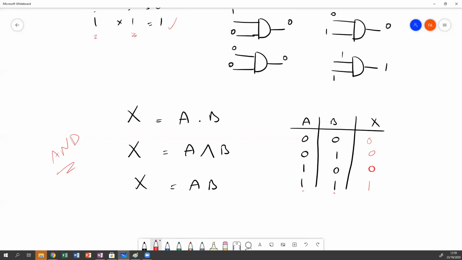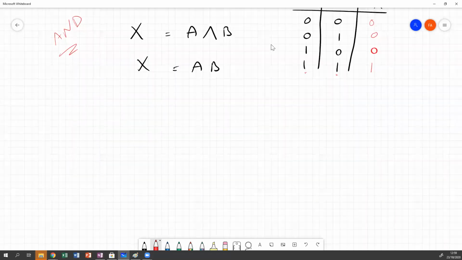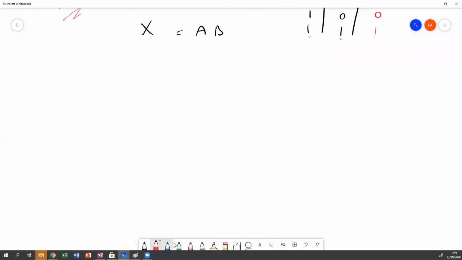So another basic gate that we have is called the OR gate. What is the OR gate? When one of the inputs is 1, we get 1.